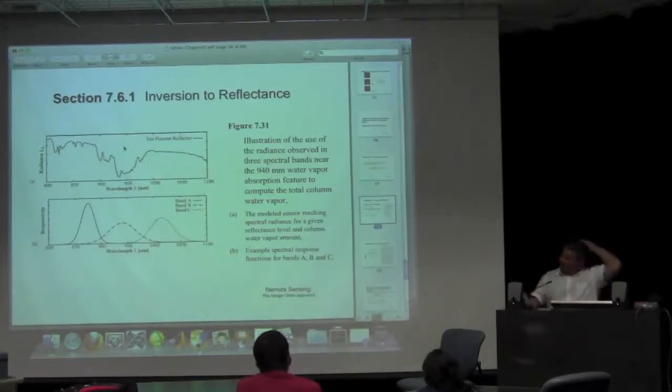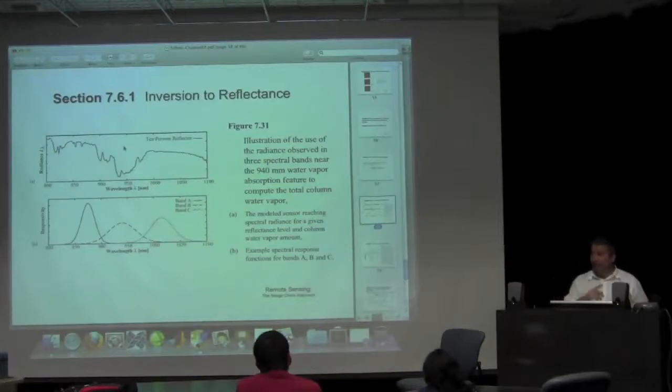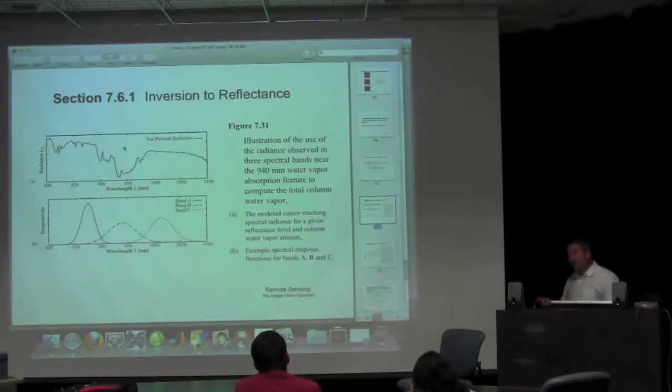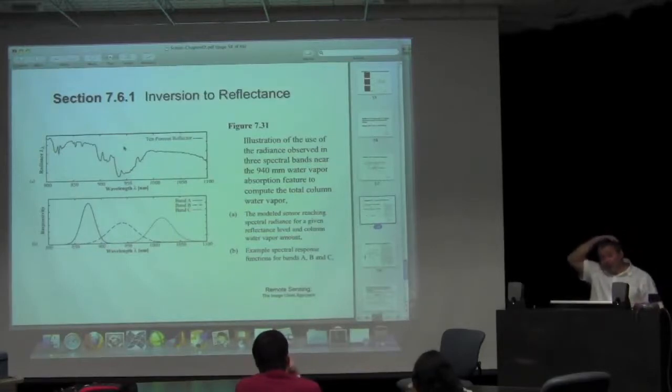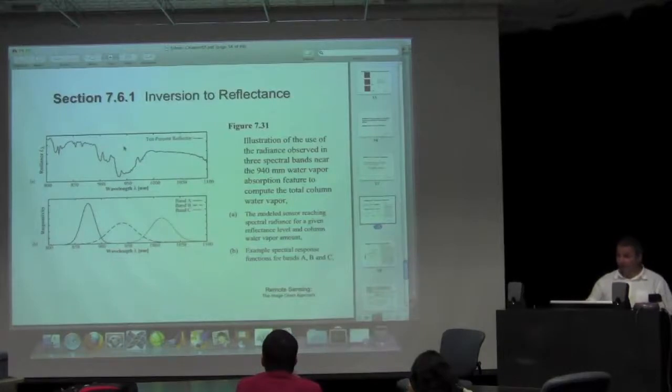If you know the atmospheric parameters to put into MODTRAN exactly, you're going to get a very good representation of what the atmospheric transmission, path radiance, all the terms look like, right? But the key is trying to get those input parameters. And that's what I want to try and show you how to do from hyperspectral data. How can you start to arrive at those? All right, so like I said, one of the big ones in the visible wavelength region is water vapor. So we're going to look at a technique right now to get water vapor.